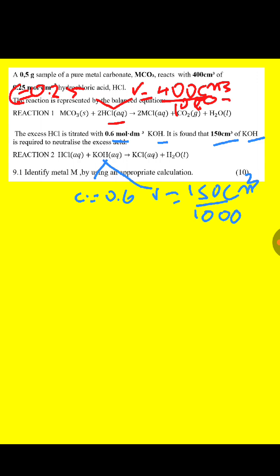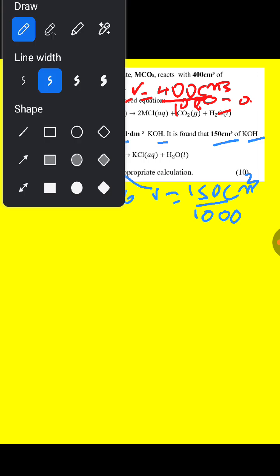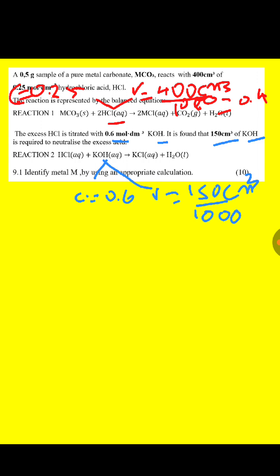So in other words, it's 0.4 cubic decimeter, because volume must be measured in cubic decimeters. Then the other one should be 0.15.